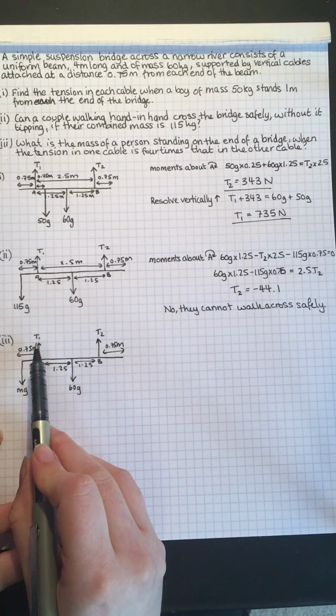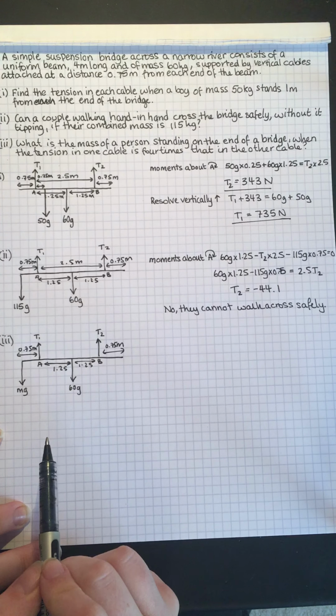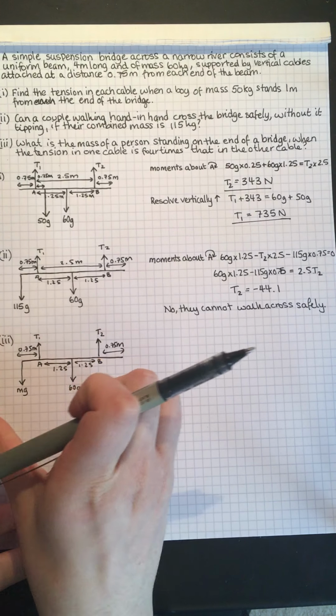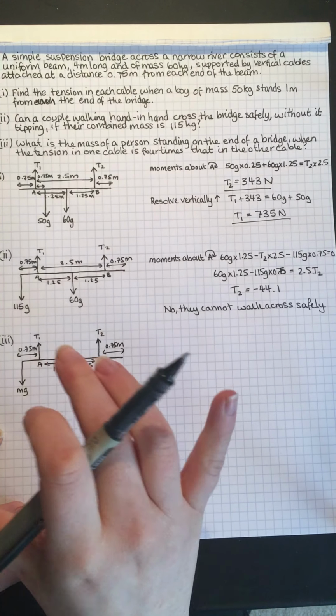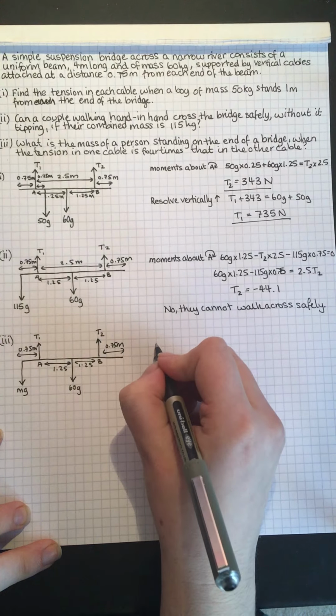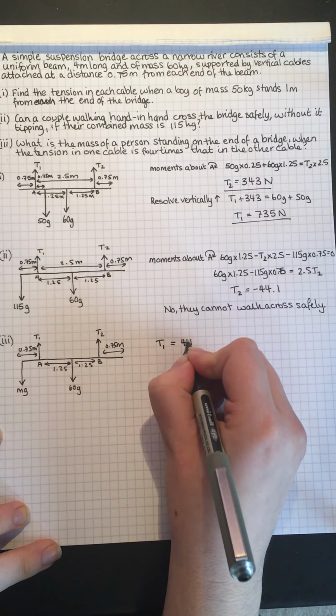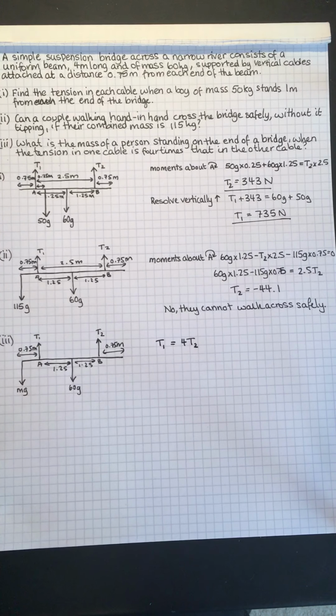Well, if they're standing here, this tension is going to be the greater one because that's what they are closer to. That's the point that they are going to tend to tip around. So the tension in T1 is going to be the bigger one. So we're going to say T1 equals 4T2 because we are told in the question that it's 4 times that in the other cable.